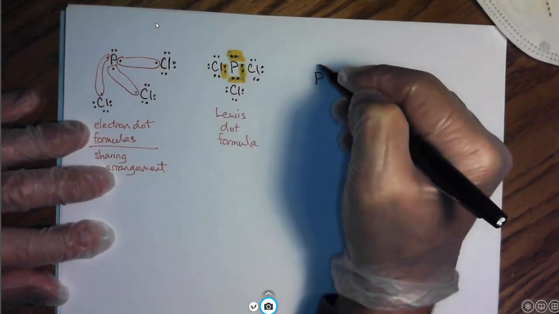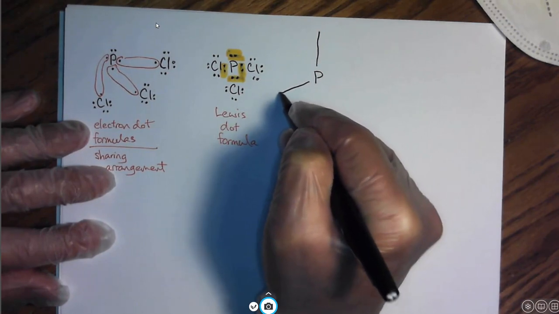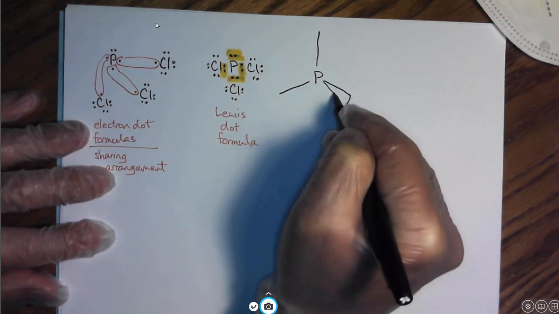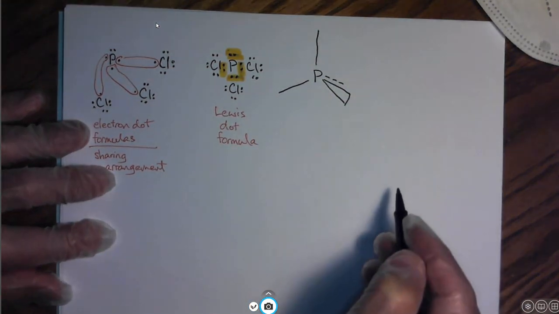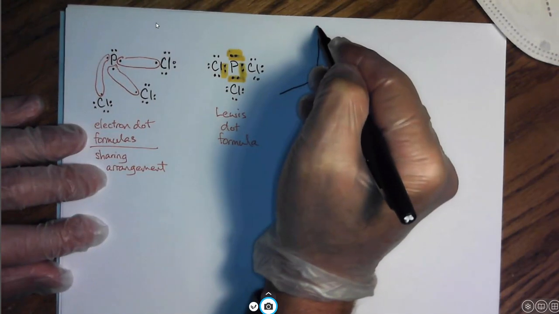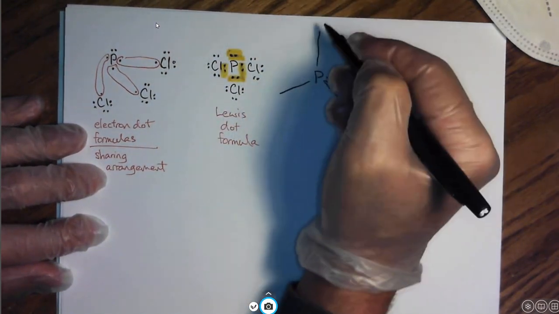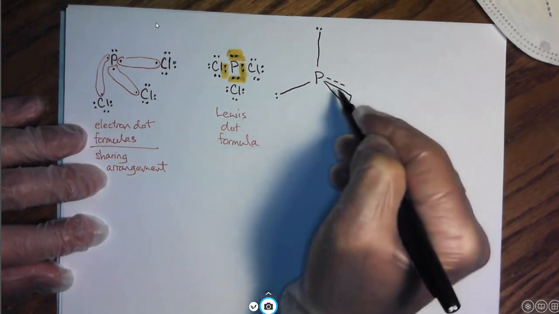And I got 4 sets of electrons, so I got one coming up here, and one coming out this way, and one coming down here like this, and one going right behind the paper, and then we picture that as a dotted line. And all these are single pairs, 2 electrons on each of these locations.